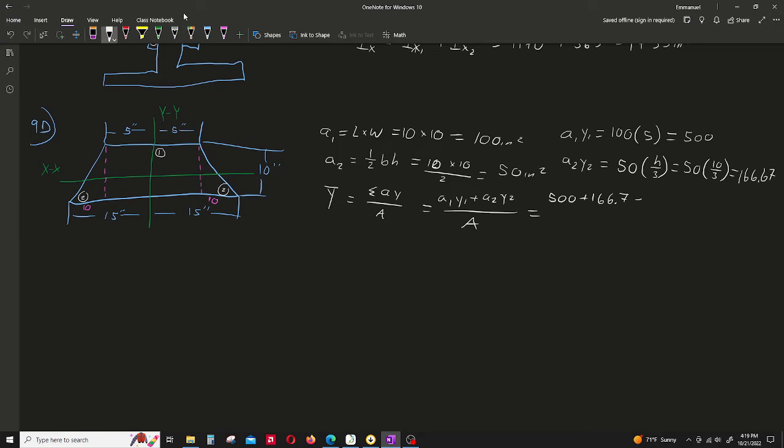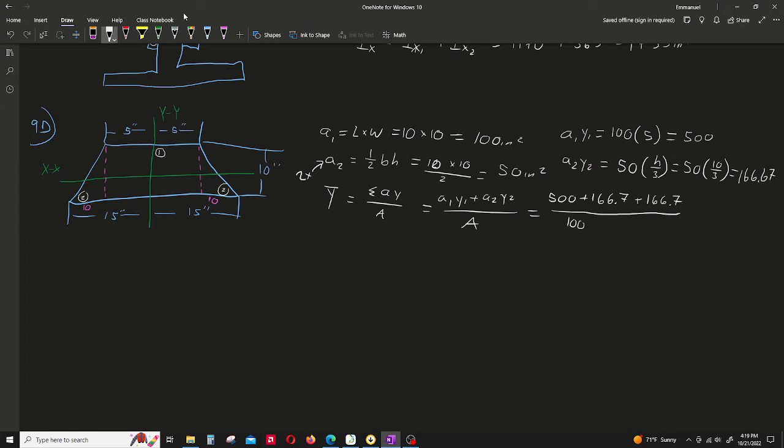So we just got to multiply this by 2, or we can just add in the second one, 166.7. Now I just want to make sure you remember there's 2 of all of these. And then divided by the total area.